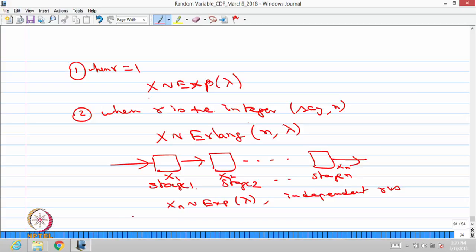Then the total time spent, as a summation of xi, i equal to 1 to n, follows an Erlang distribution with the parameters n comma lambda.